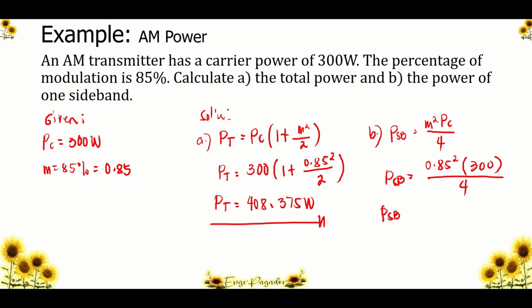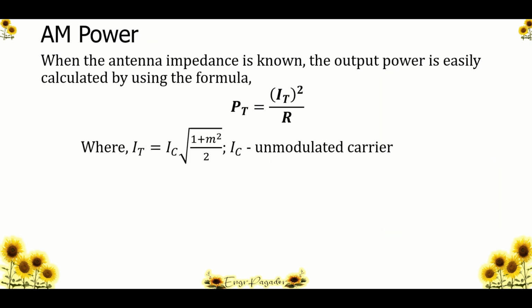So, the power on one sideband now is equal to 54.1875 watts.